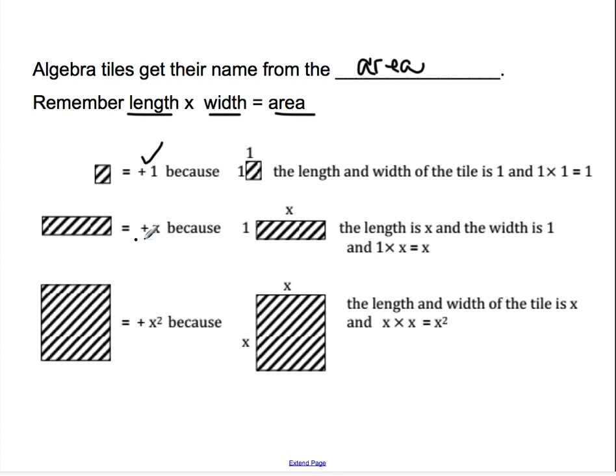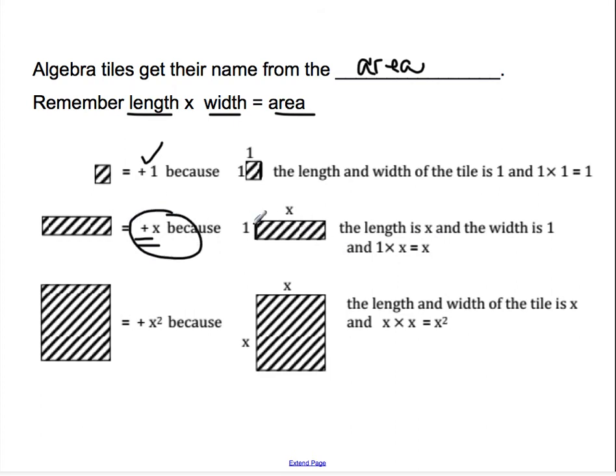This is an x tile because, like I said, if I take that tile and I put it right here, this length right here would equal that length right there. They match perfectly. So 1 times x is actually equal to x. So that is why it's called the variable tile.